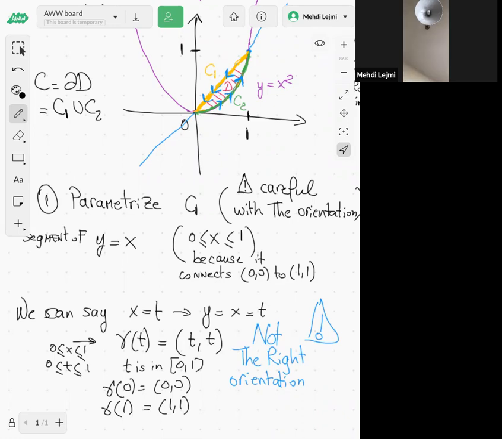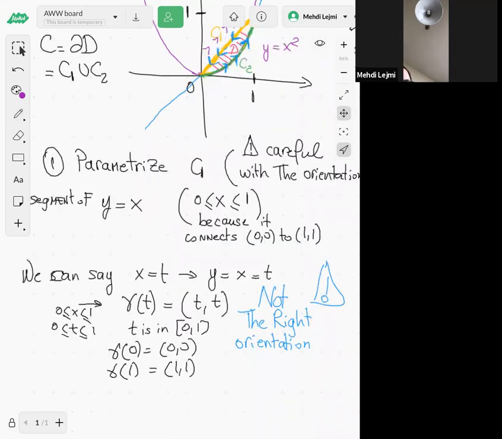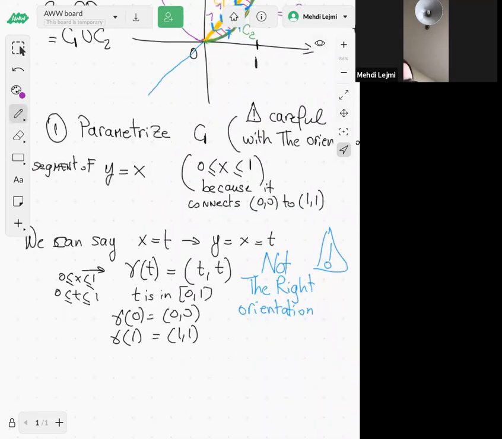That gives this orientation here, which is the opposite of the orientation required by Green's theorem.